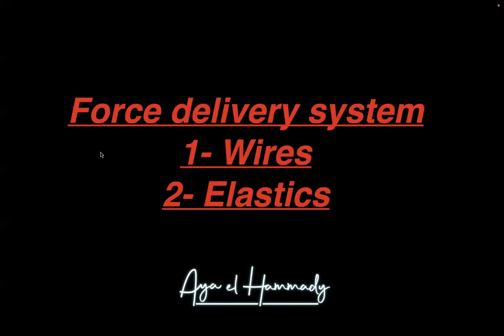What is the force delivery system here? Now, we know from the start of the material, we talked about the appliances and how we are going to make them, either by acrylic, heat or cold cure. Then the impression material I'm going to take, either alginate or rubber base, and nowadays we are going to use the IOS. And third, how I'm going to cement this appliance, and we use resin modified glass ionomer.